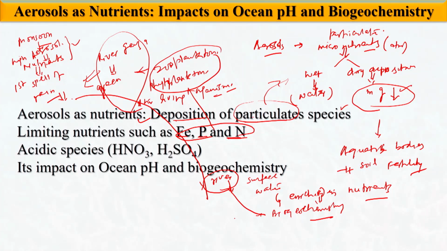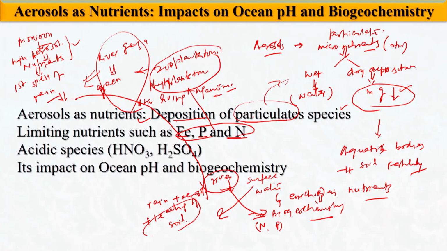And the limiting nutrients in the rivers are actually nitrogen and phosphorus. These are not supplied only from the rain plus aerosols. They will also come from the surface water, because of leaching of the soil.